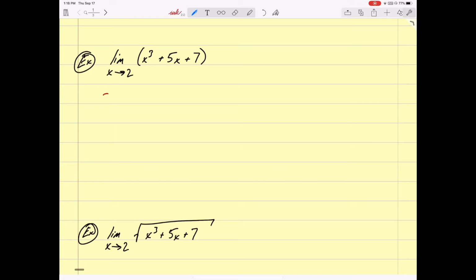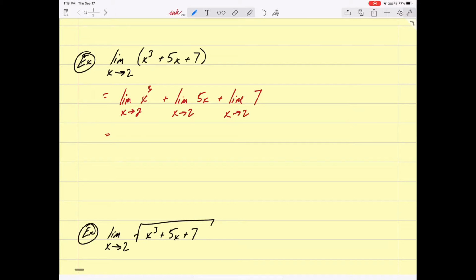So we can take this limit and apply it to each of these independently. I'll be honest, this is not the fastest way to compute this limit. These problems are just used as a demonstration of how to apply the limit laws.